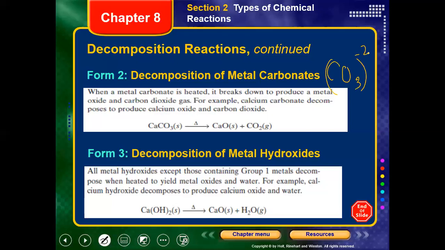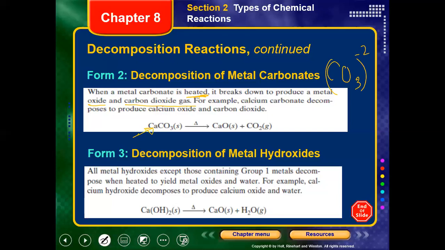So when a metal carbonate is heated, it breaks down to produce a metal oxide and carbon dioxide gas, like this example.